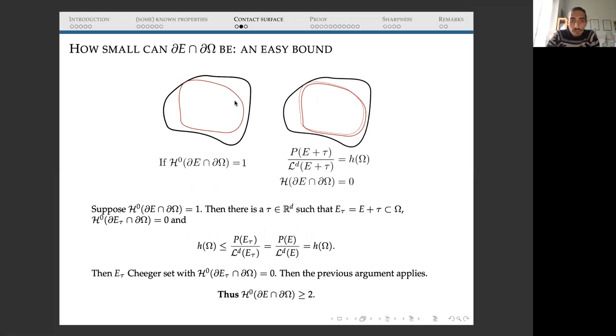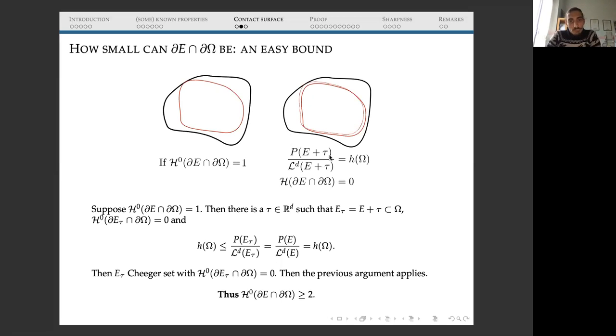So by doing this, you will build a Cheeger set with 0 contact points and still being a Cheeger set. So you are back in the previous scenario, basically. And this gives you another contradiction. So in particular, you can say that the intersection between the boundaries is at least 2. Okay, you can probably push this a little bit further, but it's kind of clear that at some point this argument will break. You won't get much more than H naught.